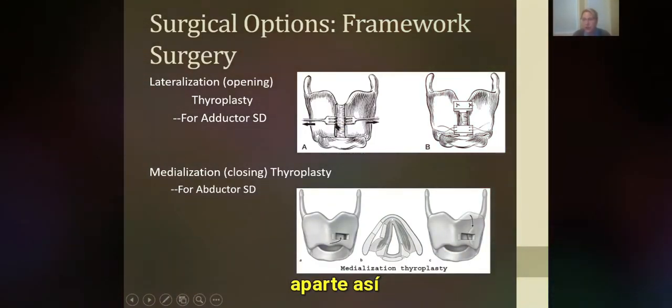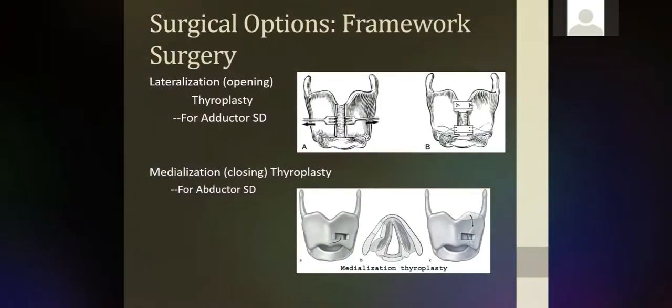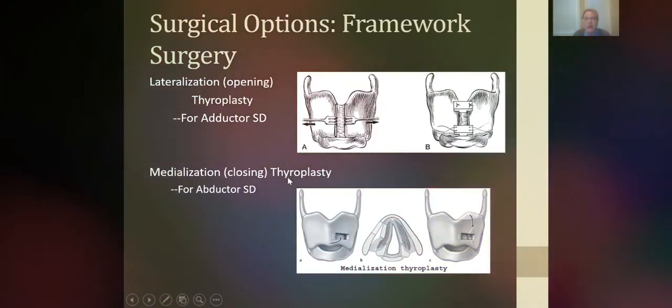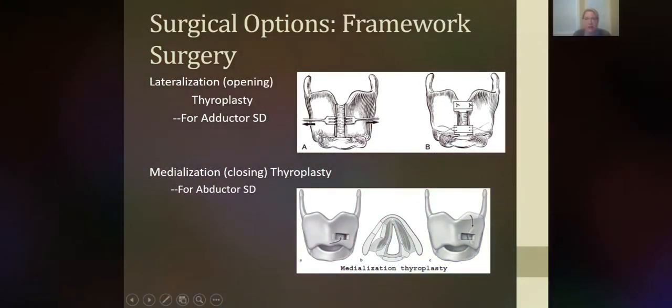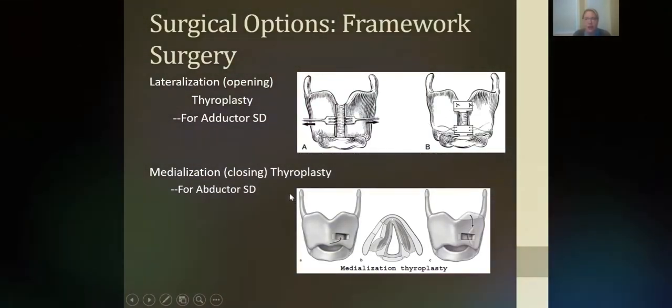And so we're literally pulling those vocal cords apart so we end up with some breathy hoarseness and we can't hear the spasms, and the spasms aren't nearly as tight. And I'll run through that in a little bit just to give you the long-term results with that.